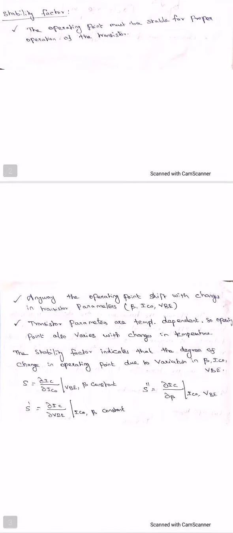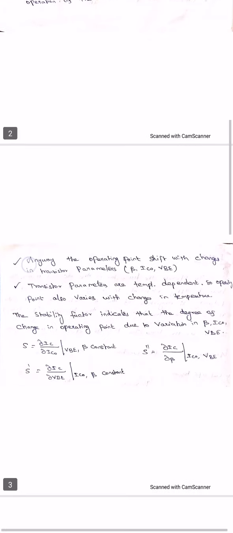And the second point is that the operating point can change into another region due to the transistor parameters, that is current gain, base emitter voltage and reverse saturation current.